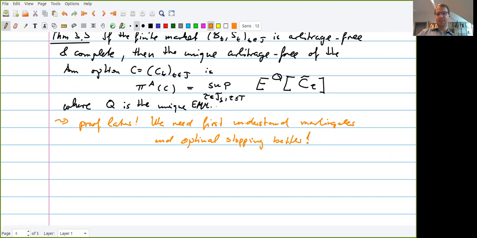So what we do now is we study in a general context the optimal stopping problems and martingales, or how a martingale behaves under stopping. And this brings us to the next subsection, which are Doob's theorems about martingales.